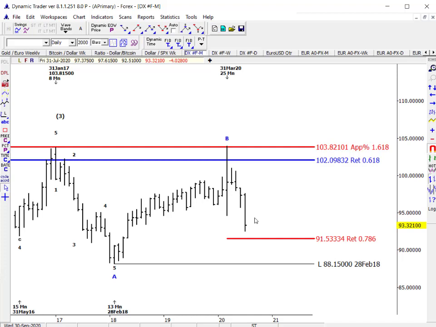But eventually, after the euro makes a corrective decline, it should continue the bull trend for a fairly significant amount of time and price, and the dollar just the opposite. After it makes a several-week corrective rally, it should eventually continue to decline.